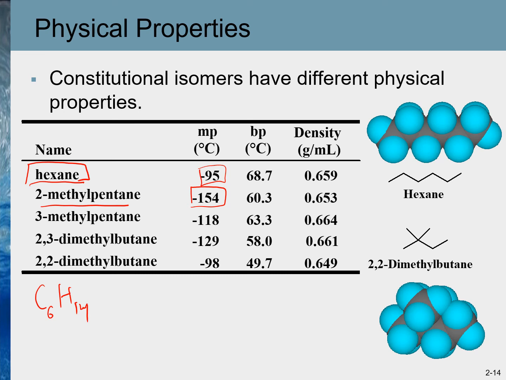For example, 3-methylpentane has only one branch and its melting point is negative 118, and 2,3-dimethylbutane has two branches and its melting point is lower than that of the single branch.